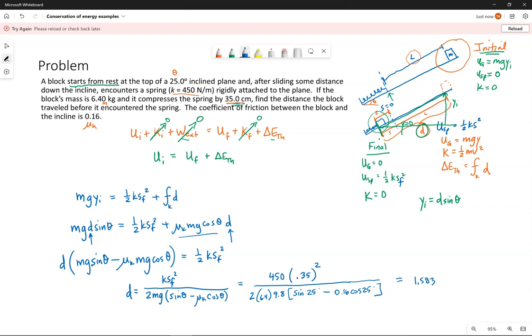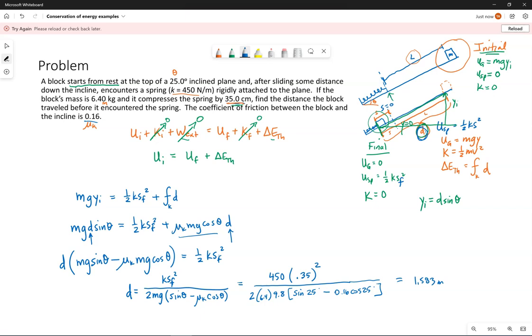1.583, which we have, what, 2 sig figs because of mu. This represents the total distance, again, we wrote it D, the total distance the block slides down the incline. So from rest until it's at rest again, from compressing the spring.